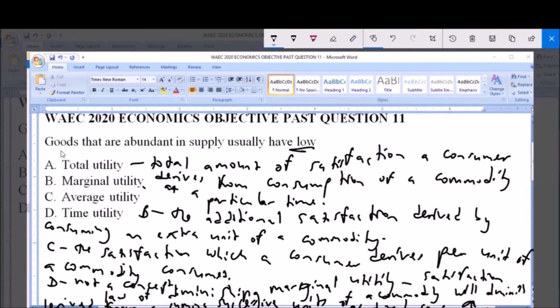Goods that are abundant in supply are goods that are plenty, such that you can consume successive units of that particular commodity, and based on this law, the marginal utility will reduce. So option B, low marginal utility, is the correct answer to this question.